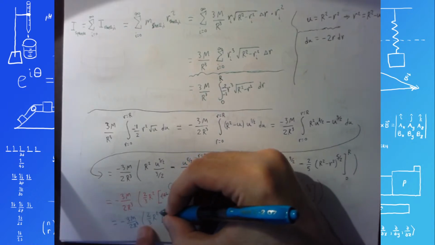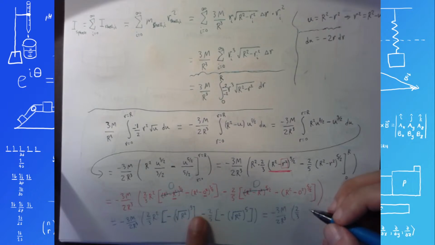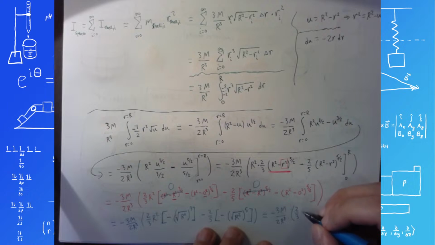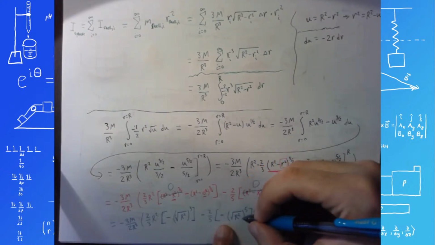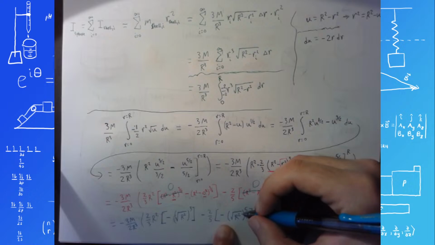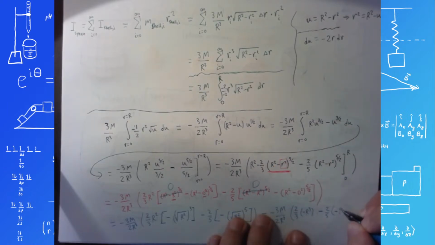We've got R squared here, and negative, I guess that's just going to be R when you take care of the square root, and then you cube it. So that's going to be times negative R cubed. Minus 2/5 of negative square root of R squared is just R. So negative big R, and then to the 5th. So negative big R to the 5th.